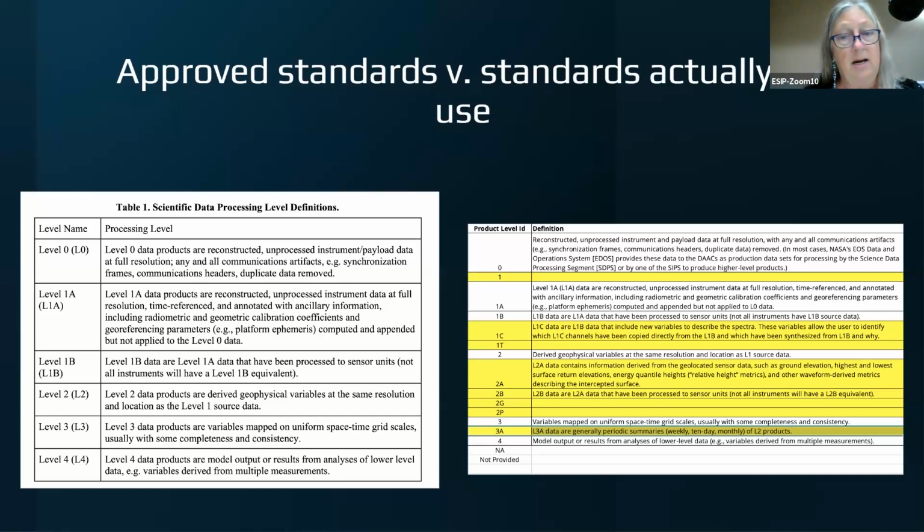These highlighted ones are not part of the approved standard, but they're actually being used in the CMR. Data sets, or data products, are being labeled with these non-standard processing levels. As you can see, some of them don't even have definitions, so we don't know exactly why they're being used or why the approved ones weren't adequate. So we are looking to get to the bottom of that.